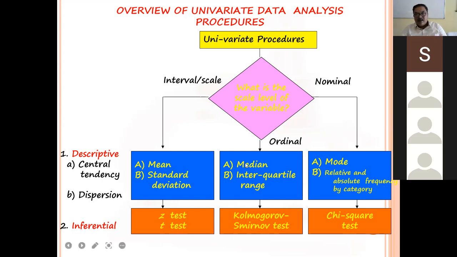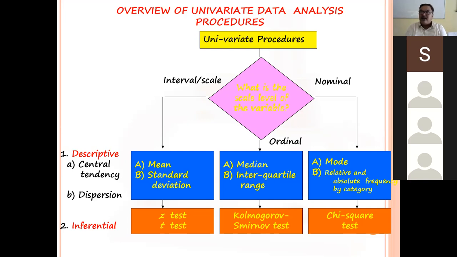I'm not going to ordinal data now. Let me go to the nominal data. Under the nominal data, as I already told, it is categorical data, and you have numbers, but these numbers are assigned only to make the categories, to classify the data.